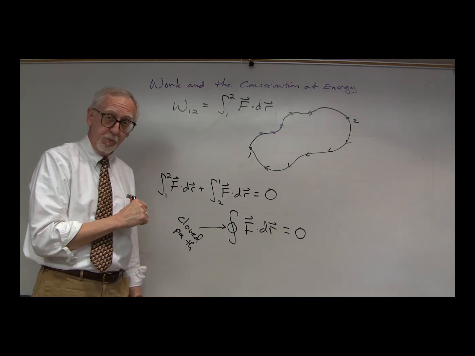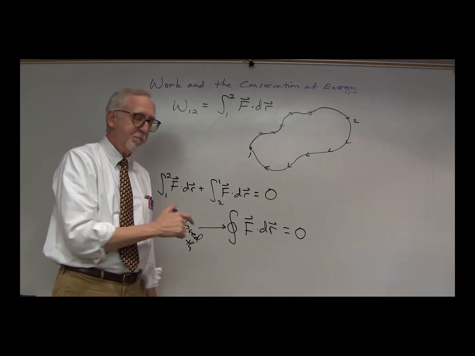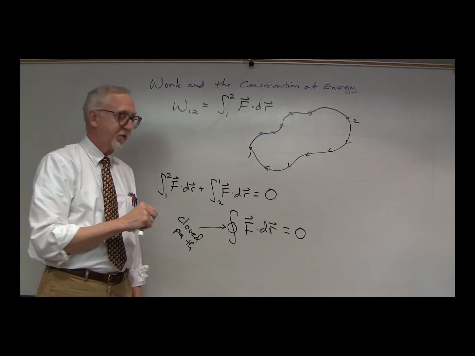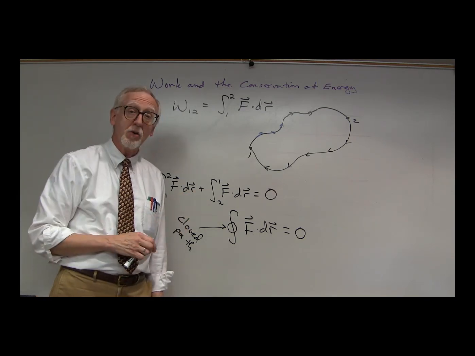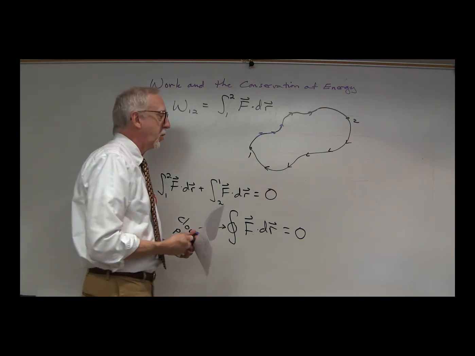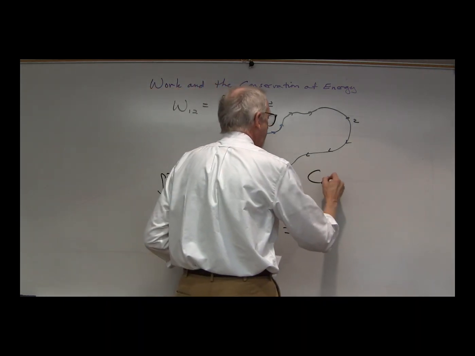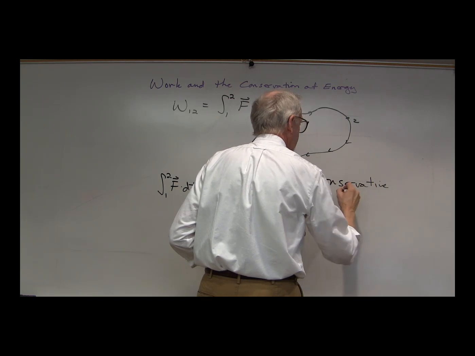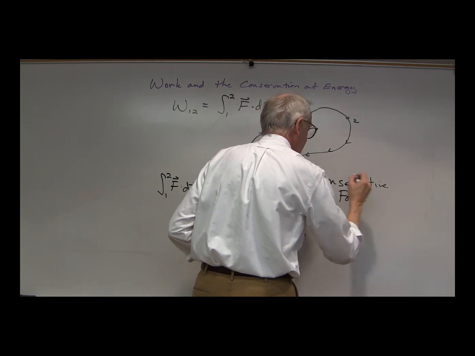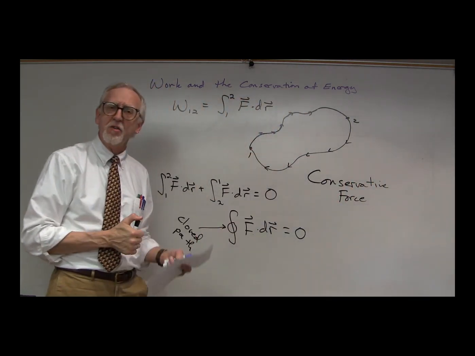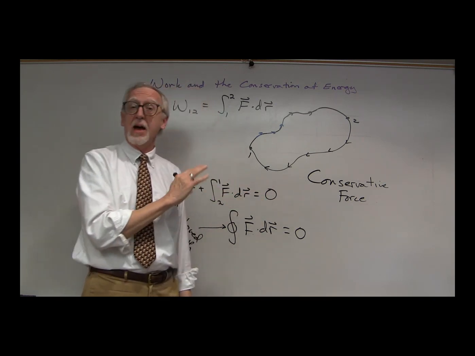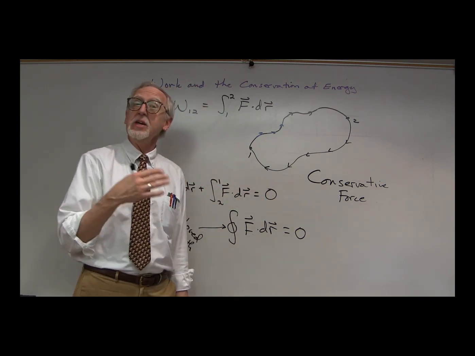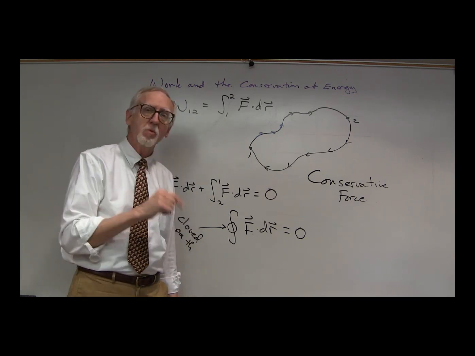When that is true, when the force that we have around any closed loop, if we integrate the work done by that force around any closed loop, if that is 0, we call that force a conservative force. Why conservative? Well, because we will actually be able to define a potential energy so that the energy is conserved. We'll come back to that.